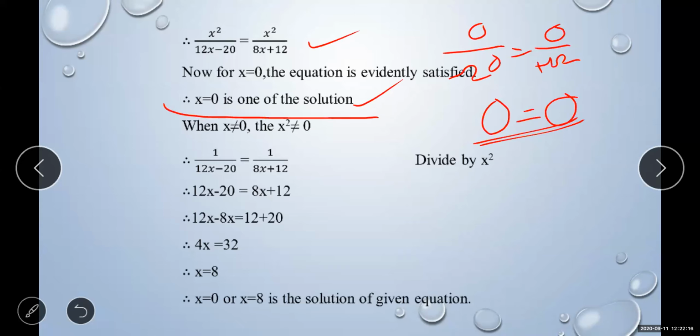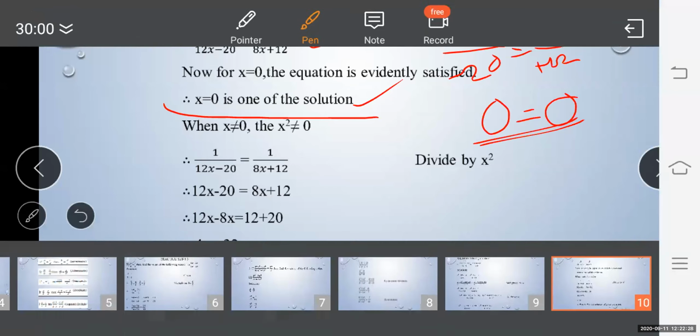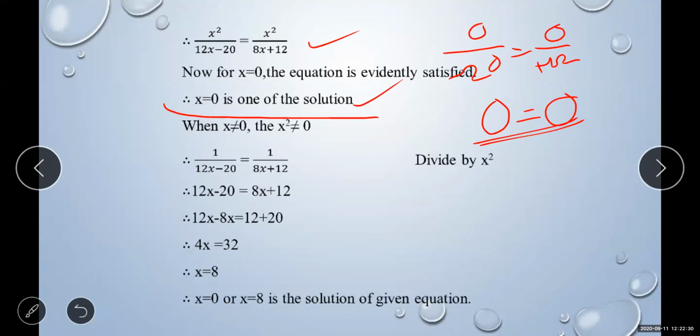Now what about the next solution? x equal to 0 is not the only solution. There are other values of x also. So what do we have to do next? For the next, we are not putting x equal to 0, because already we took x equal to 0. For the next time, we are not considering it as 0.